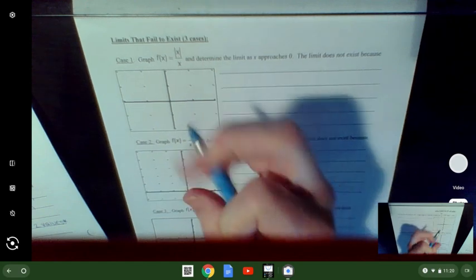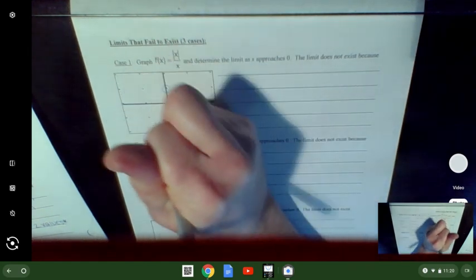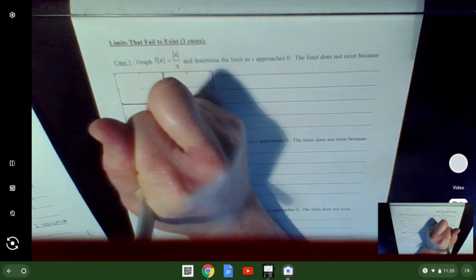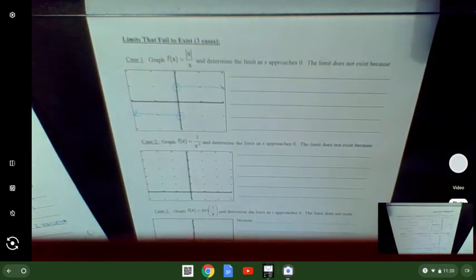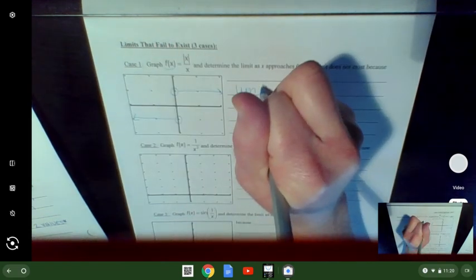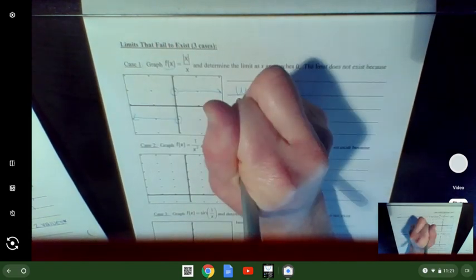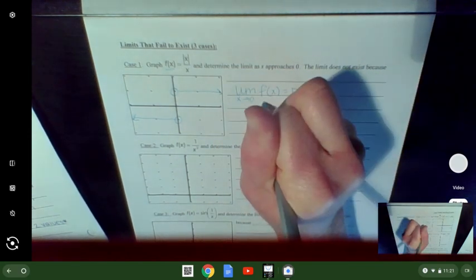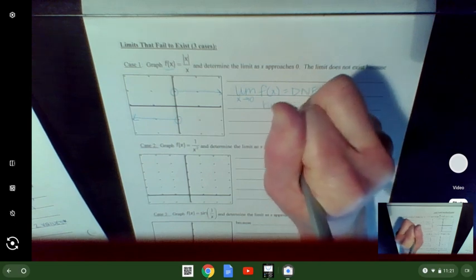So for this first one, this absolute value rational function, the graph happens to look like this. And we say that the limit of the function, I'm just going to use its name, as we approach an x value of 0 does not exist because, and here's why.